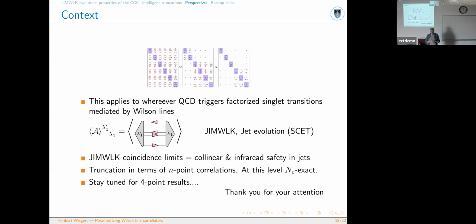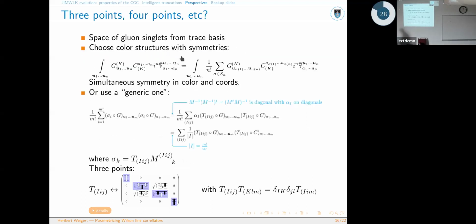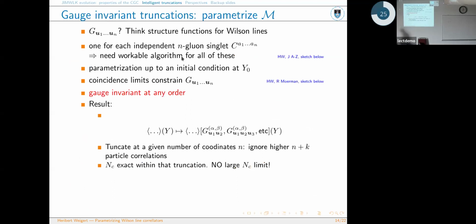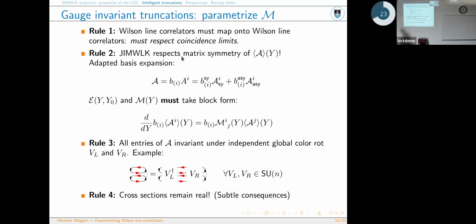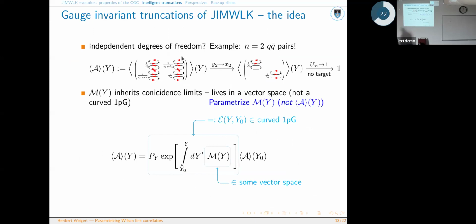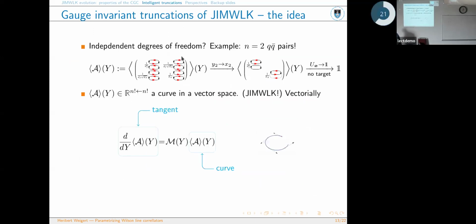Question. I have a question, I think it's on slide 13. There were a few 13s.